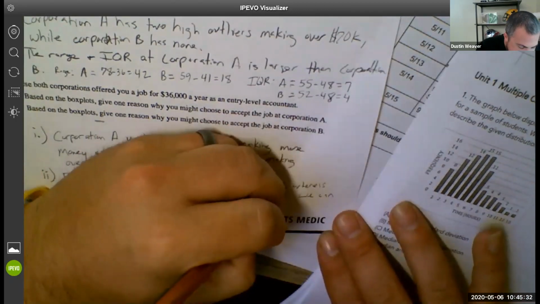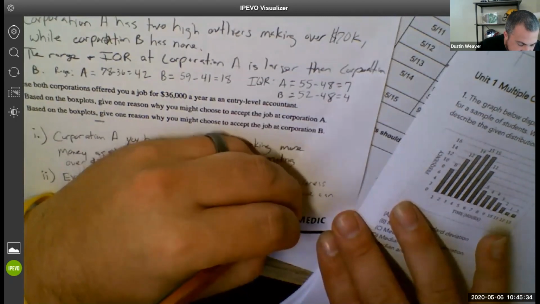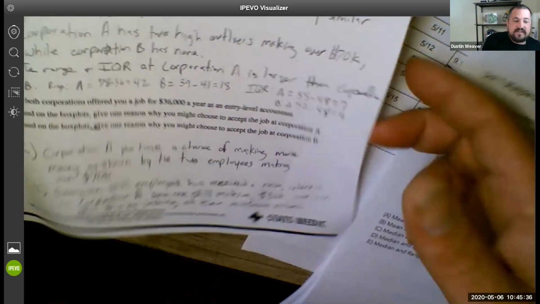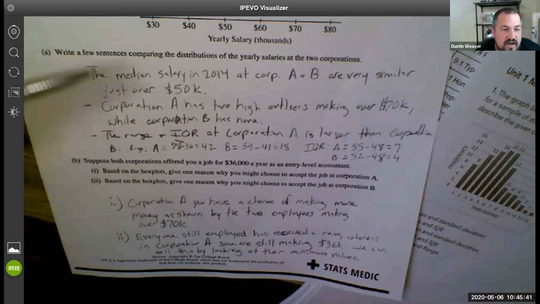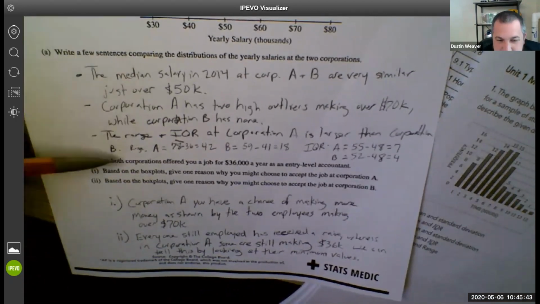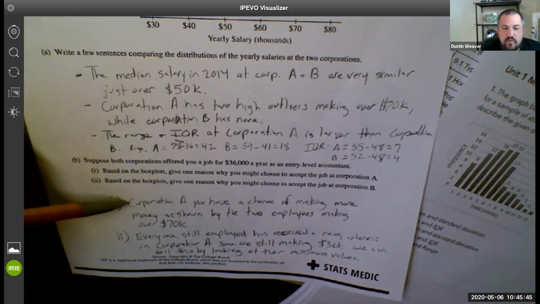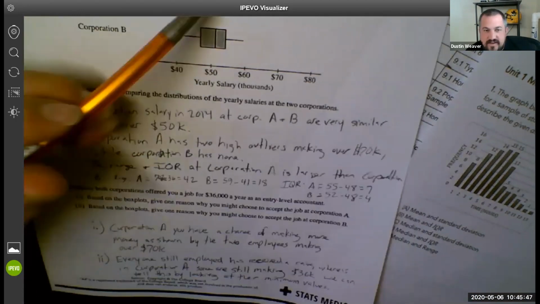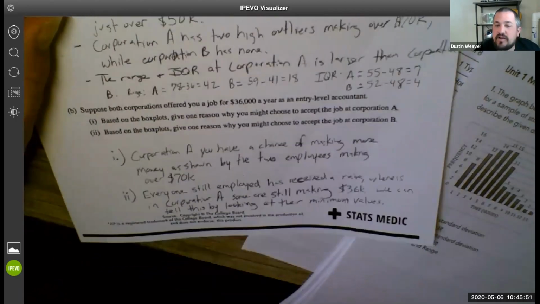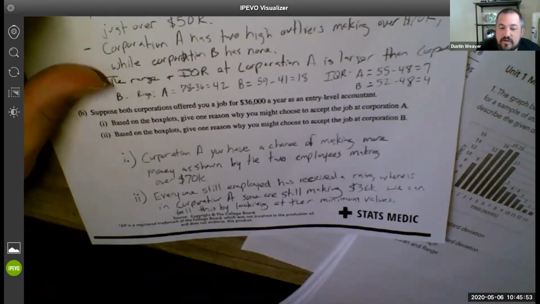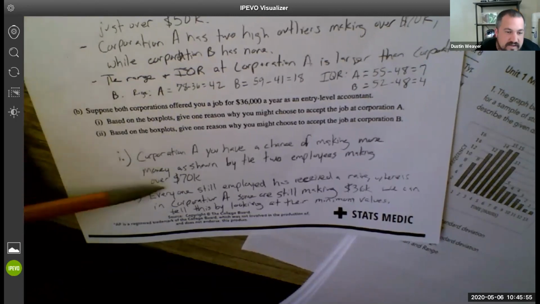So I actually graded this question in 2015 from students, and a lot of students got A, and then in B, a lot of students got why you would pick Corporation A, because they saw the chance to make more money. A lot of people missed their mistake. Their only mistake in this problem was part 2.